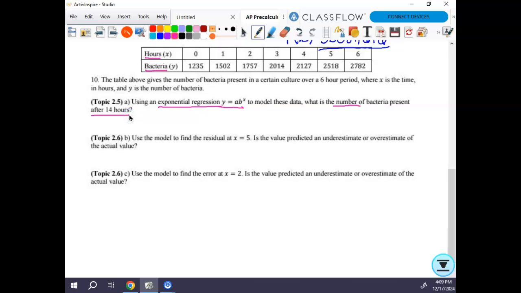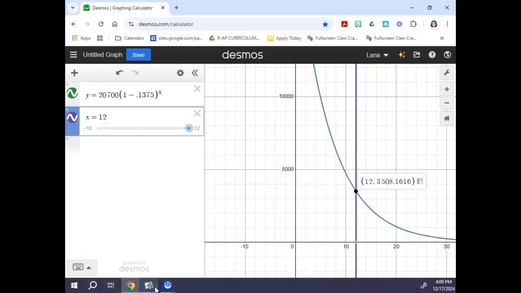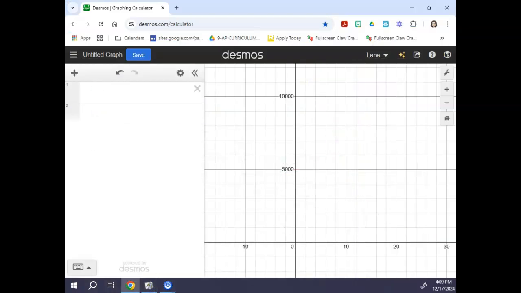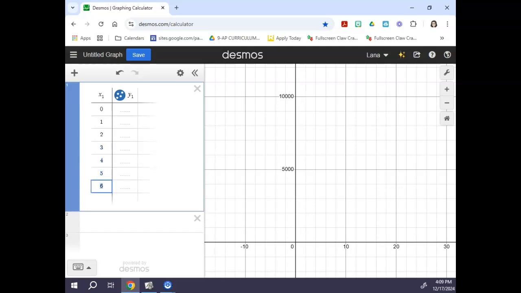Okay, so I have to write my equation, or I have to get my equation first. So I'm going to come back over here. I'm going to X those out. I need a table. So my X values are 0, 1, 3, 4, 5, 6, and then 1235, 1502.